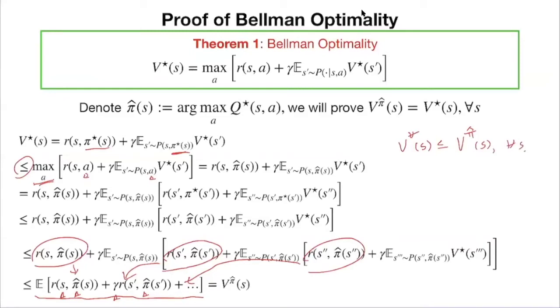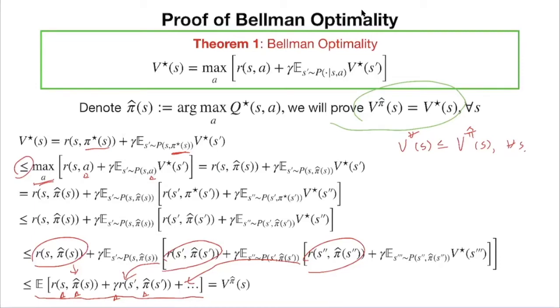Okay, but remember that we are trying to prove they're equal. So one more step left. Can someone try to fill in the missing step? Remember the definition of the optimal policy. Yeah, go ahead. Well, by definition, this is supposed to be optimal, so it must be greater than or equal to all other policies.